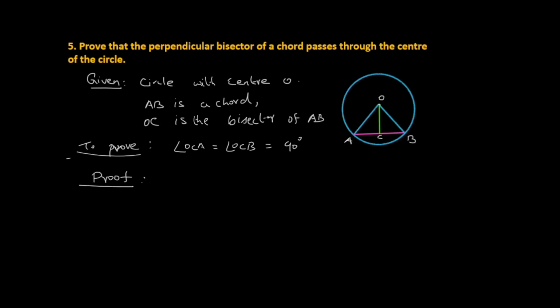For the proof, we are going to take triangle OCA and triangle OCB. In the triangles, OC is equal to OC, the common side of both triangles, and OA is equal to OB, the radii.